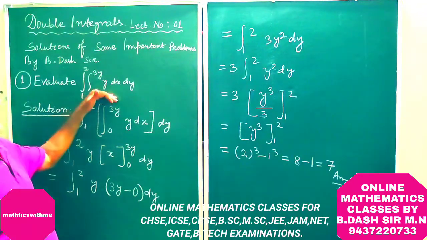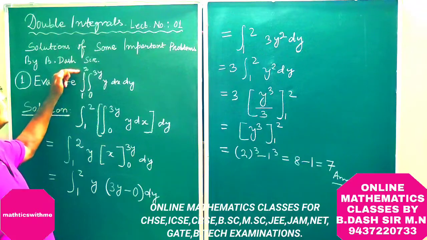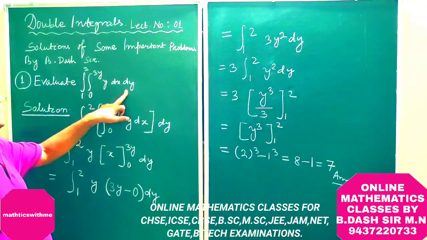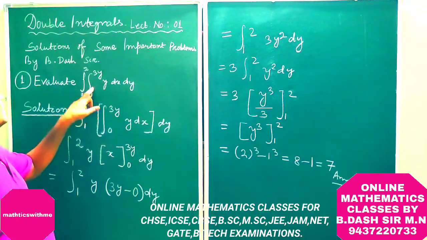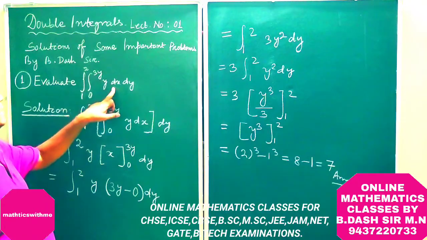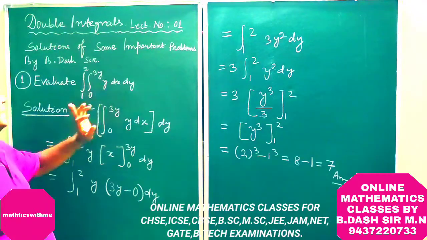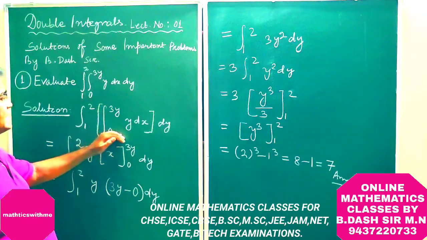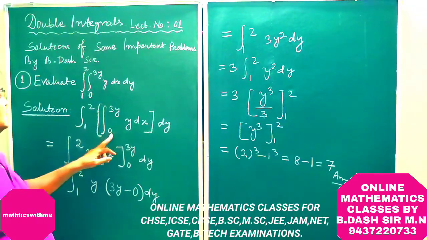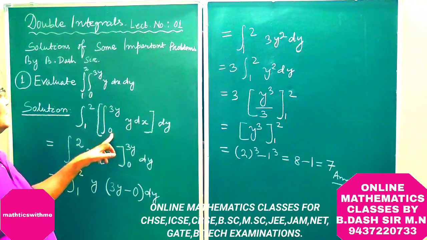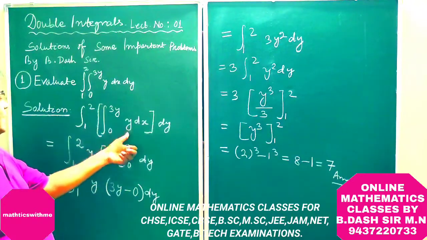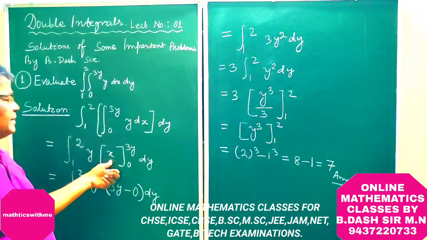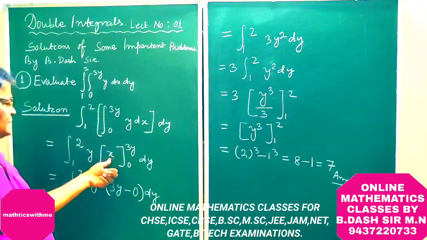Here we have to evaluate integration from 1 to 2 with respect to y, integration from 0 to 3y with respect to dx, of y dx dy. Now let us evaluate first with respect to dx. The limits are from 0 to 3y. Now y is constant, integration of dx is x.